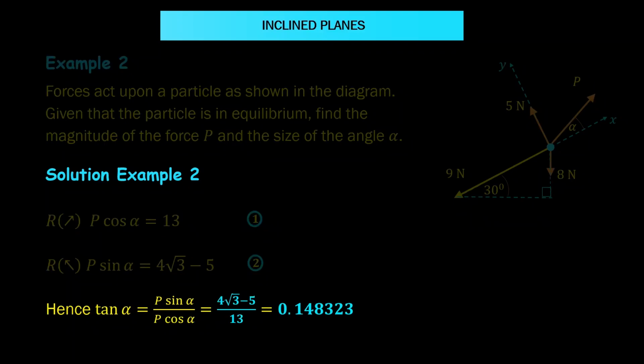Plugging these values into our calculator should give us 0.148323. So this is the value of tan alpha, and it implies that alpha equals 8.43677 and so on.